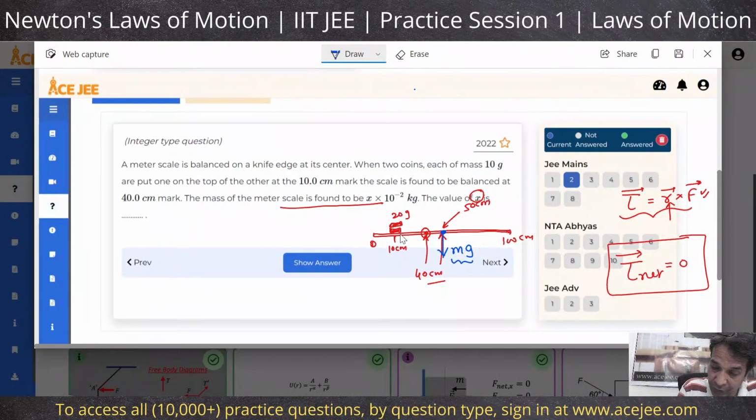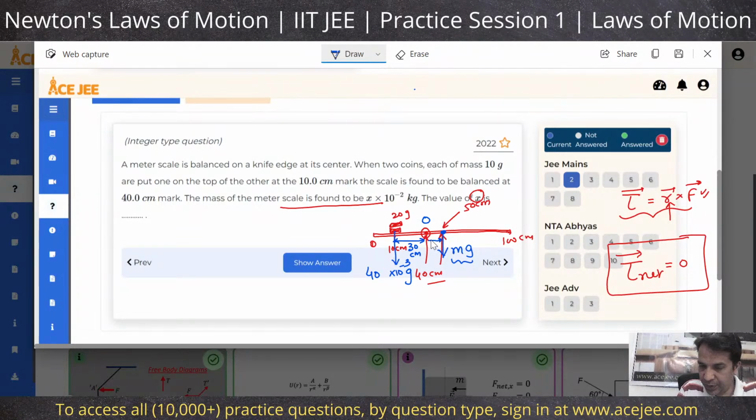Now you have 40 grams here, so there is this force acting here. This is 40 grams into 10 to the power minus 3 into g. And you have to balance it about this point. This point is how far? This is 30 centimeters.